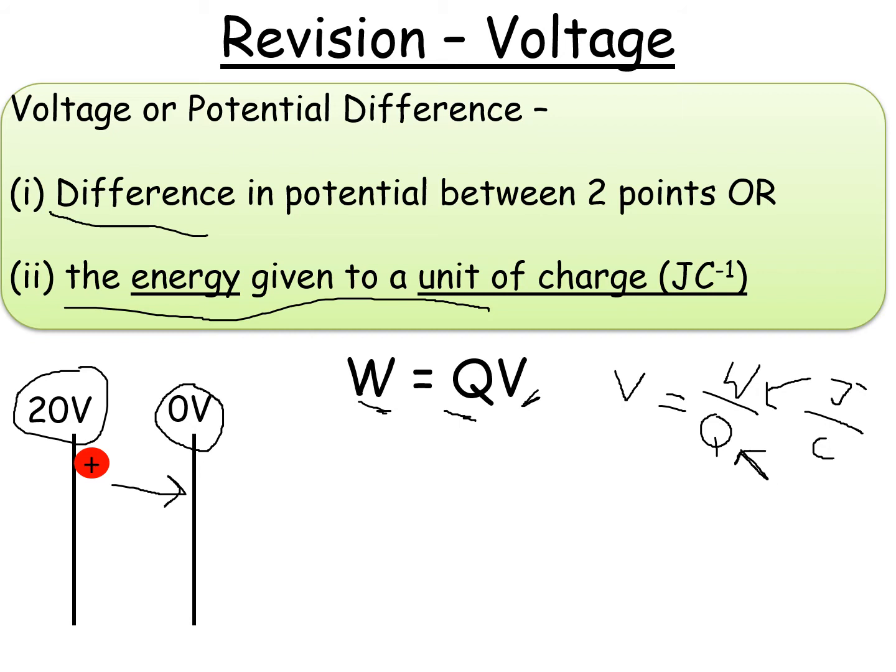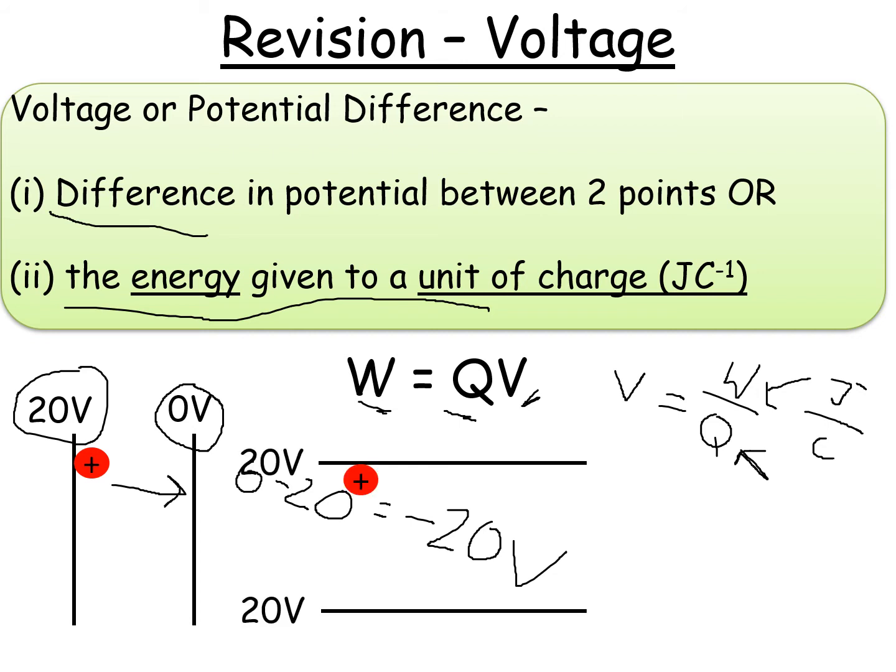If you can't remember that, think about acceleration, because acceleration is always the final velocity minus the initial velocity. So here, the potential difference would be the final minus the initial, which is 0 minus 20. So it has a potential difference of negative 20 volts. Don't worry too much about the negative. You can have negative potentials.